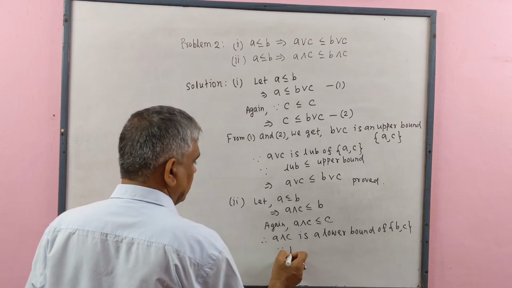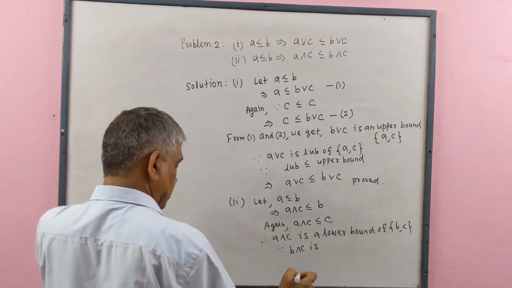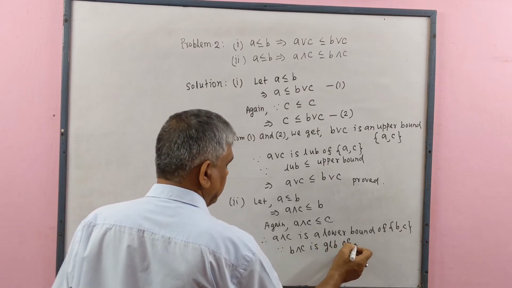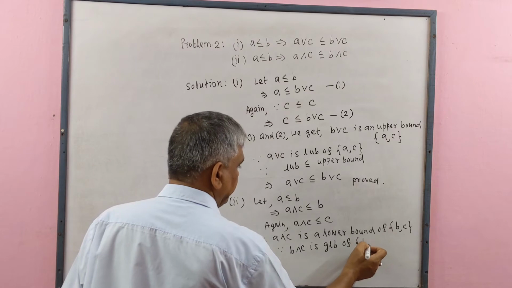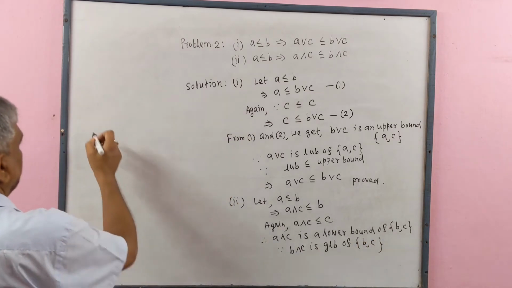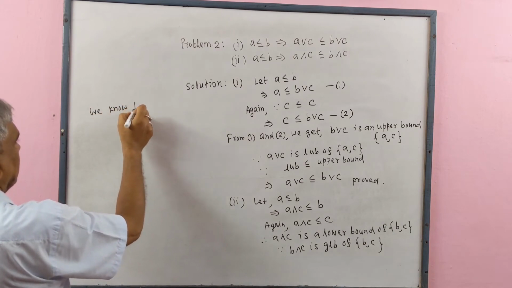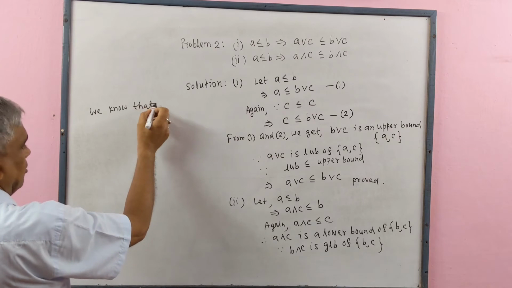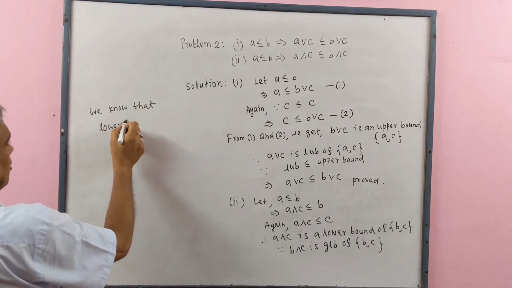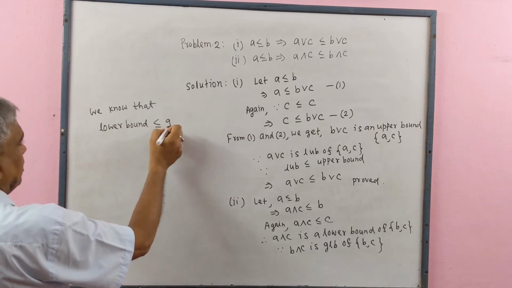Since B ∧ C is the greatest lower bound of the set containing elements B and C, we know that a lower bound is less than or equal to the greatest lower bound.